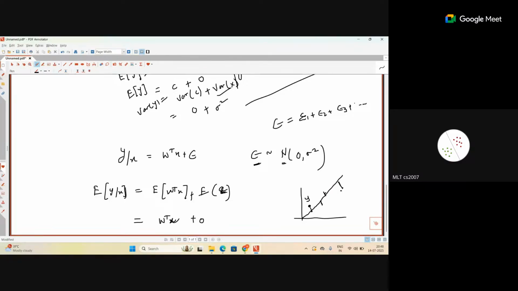Each of them might have some different distribution, but if you take the entire sum, I can show by using the central limit theorem that for a large number of n, it goes towards the normal distribution. Again, the assumption is that this noise is normally distributed.